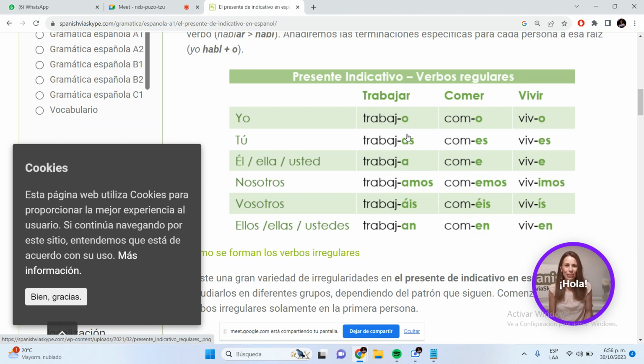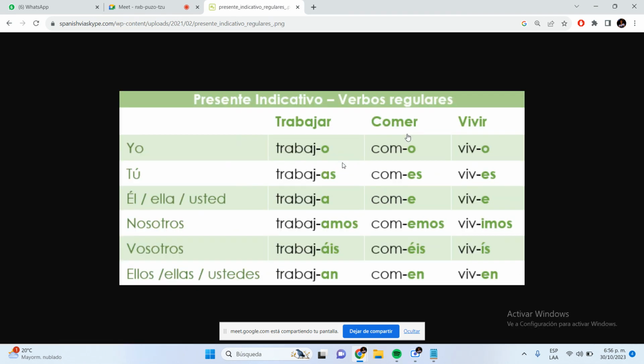Okay, so let's see this. As you can see, for every verb, when I want to say, for example, I work, I'm going to replace the ar for o. And for the other verbs it's the same: I'm going to replace the er or ir for o.